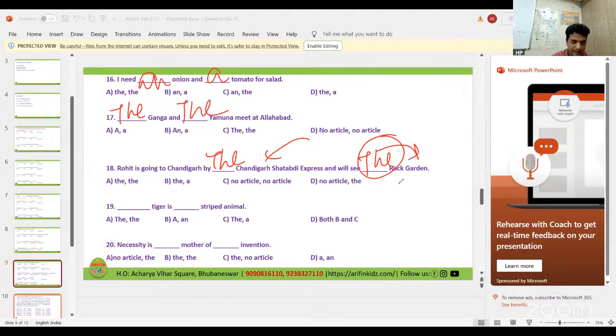Let's see how many of you get correct. And number 20, also you tell me answers. Yes, send me answers in the chat box. Let's see how many of you can get this correct.